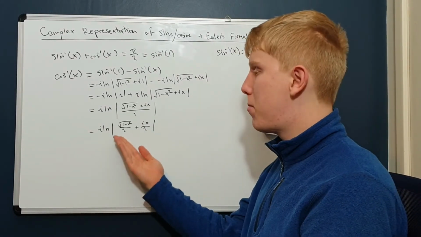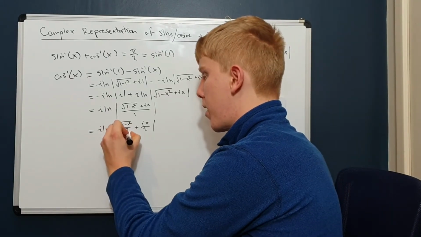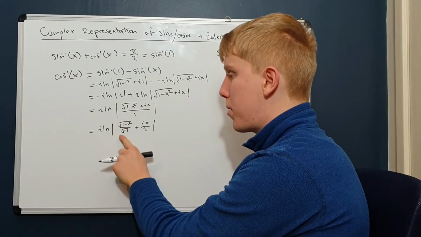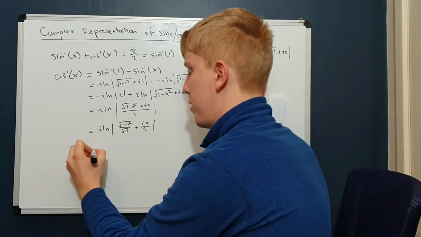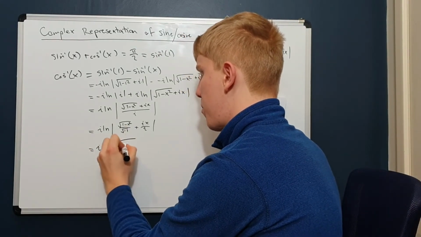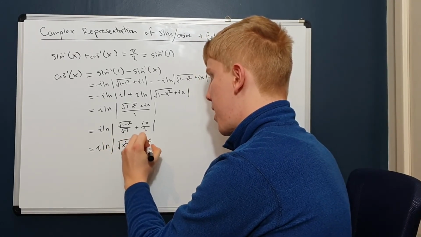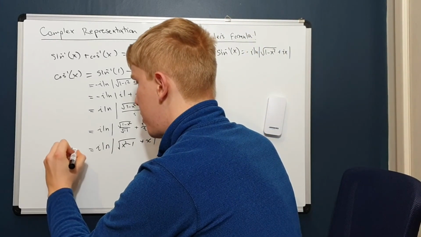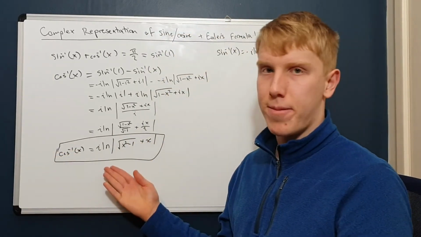I will also rewrite the denominator i of this first term as the square root of negative 1, and by doing that we can combine this square root, and it will have the effect of multiplying this term inside by negative 1. So we will have i times the natural log of the square root of x squared minus 1 plus x. And here we have our second conclusion, that the inverse cosine of x is equal to this expression here.